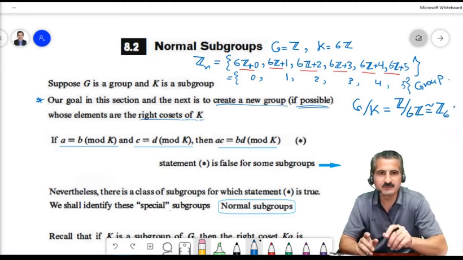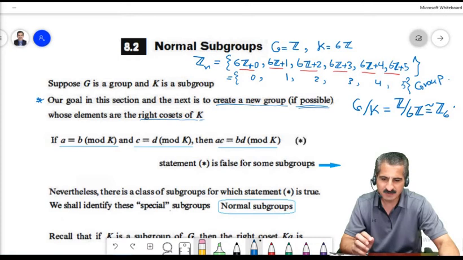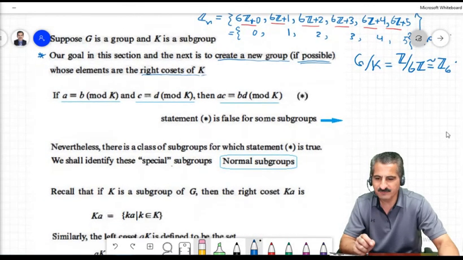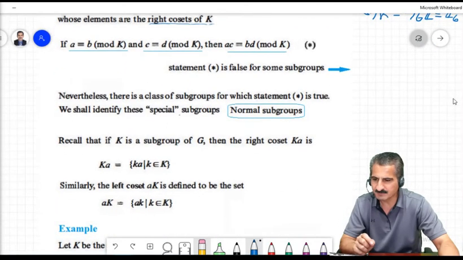This is what we are going to learn in this section and the section that comes after. And the techniques that we have done in that section, which is modular arithmetic, will be generalized now in this section.